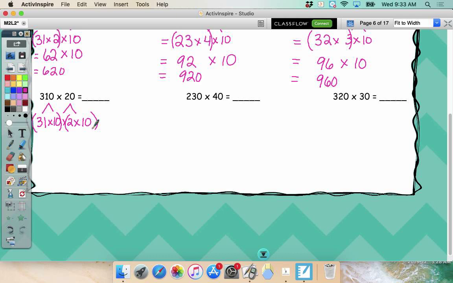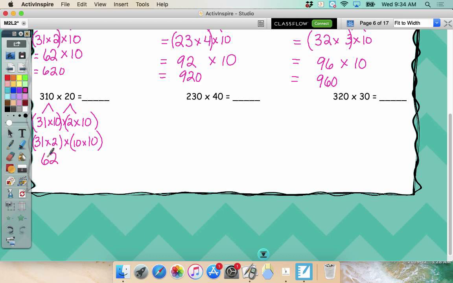Do you remember that? And then, Jesus, help me out. I'm going to keep the 31 the same and just bring it right down. We keep the 10 the same. Which two numbers am I switching? 2 and 10. The 2 and the 10. So we already know 31 times 2.